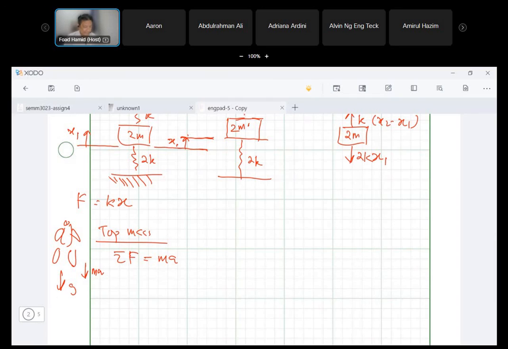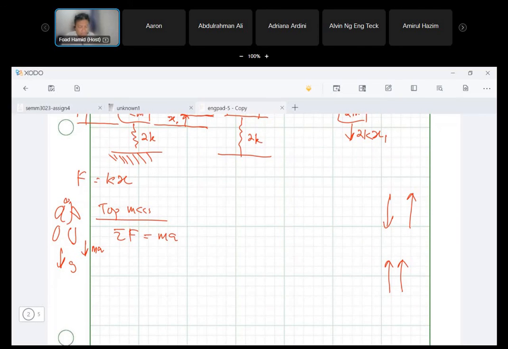But in this case, which one is the positive a direction? Can you have x going downward but a going upward? Or x going upward, a going upward?